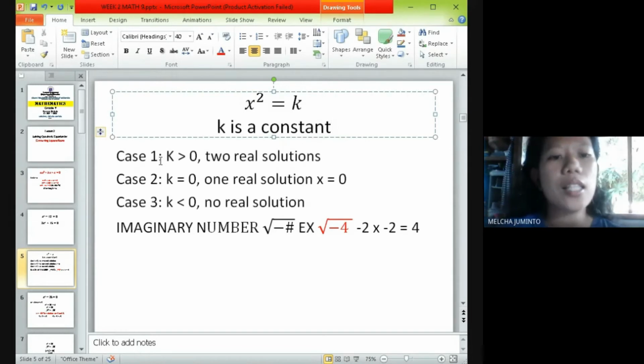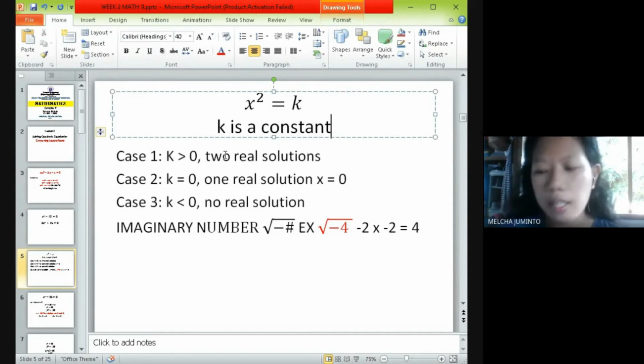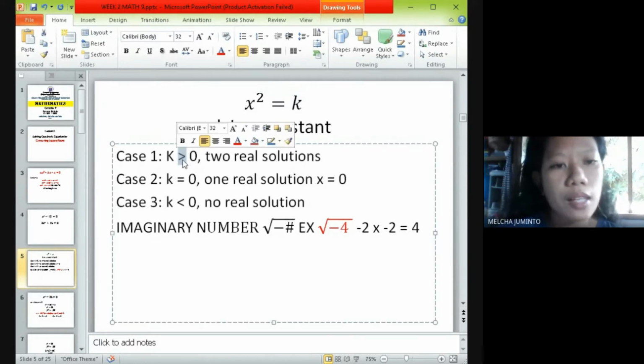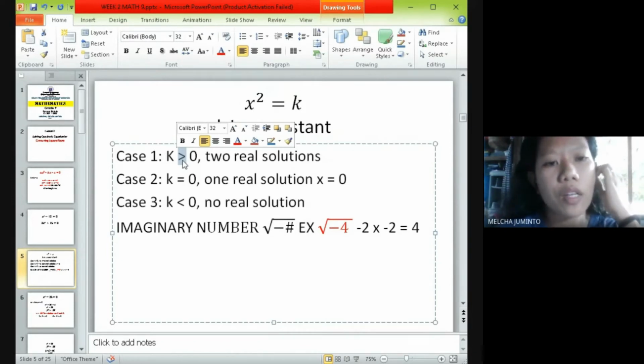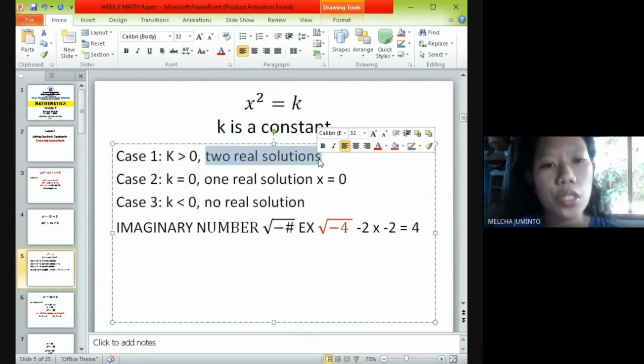There are 3 cases in this method. The first case is when k is greater than 0. When we say k is greater than 0, that means the value of the constant is positive 1 to positive infinity, because we consider all numbers which are positive to be greater than 0. If that is the case, there are two real solutions.